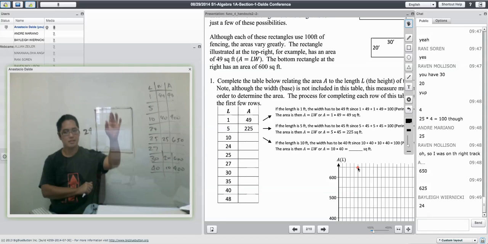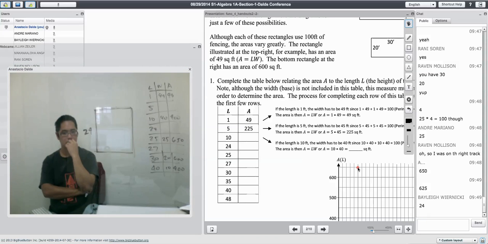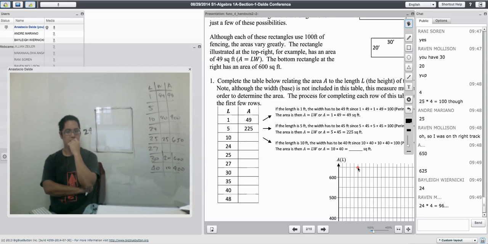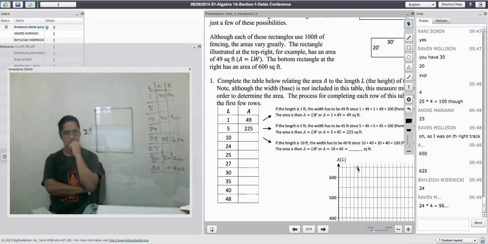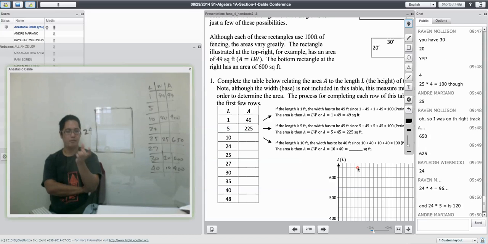What would this top or bottom be in that case? Yeah. What Raven is saying, 24 times 4 is 96, so you don't want it to be 24 by 24 by 24 by 24. Because you're going to have 4 foot of fencing left to use.